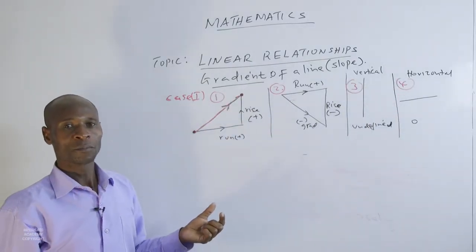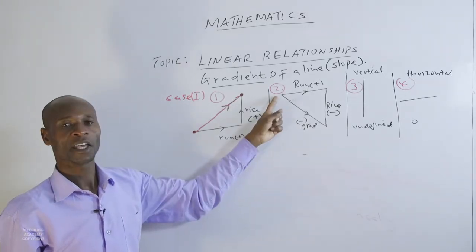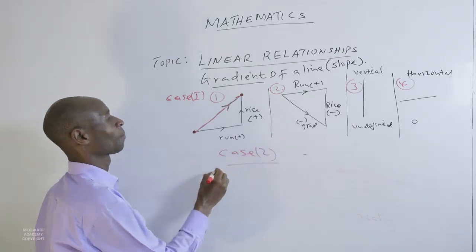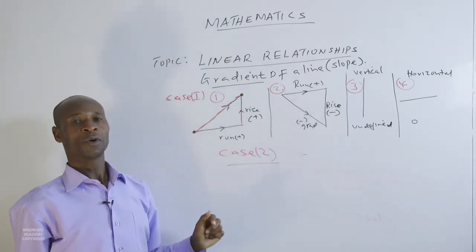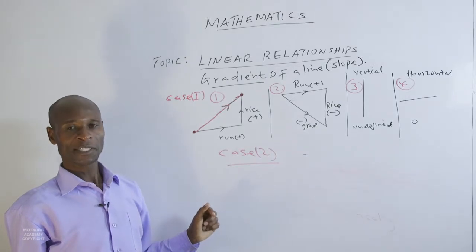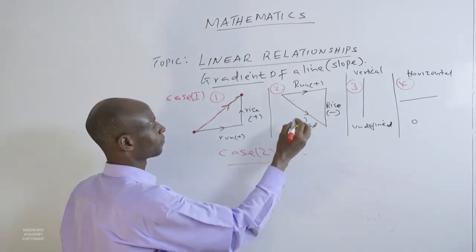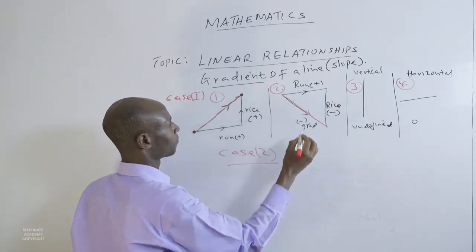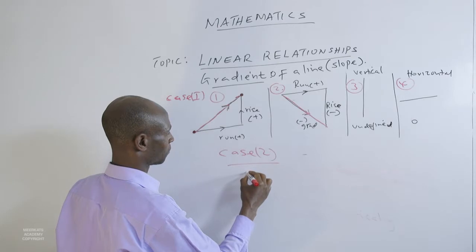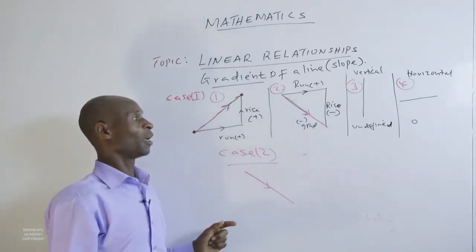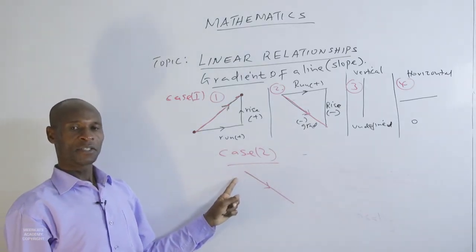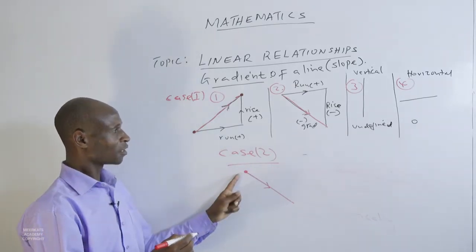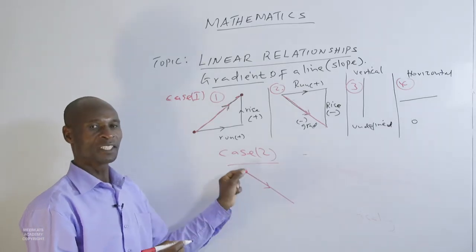Let us now proceed and consider case 2. In case 2, we are again having our straight line. Our line is running from left to the right, but downwards.